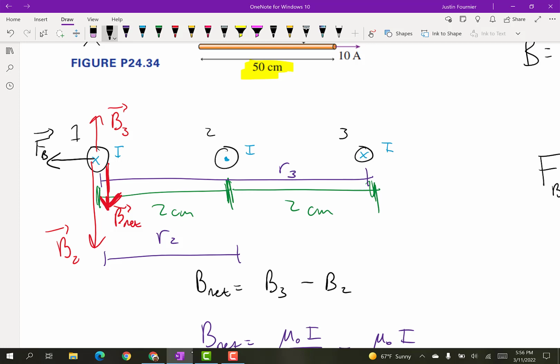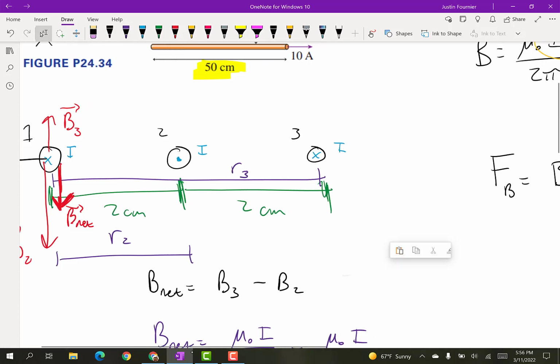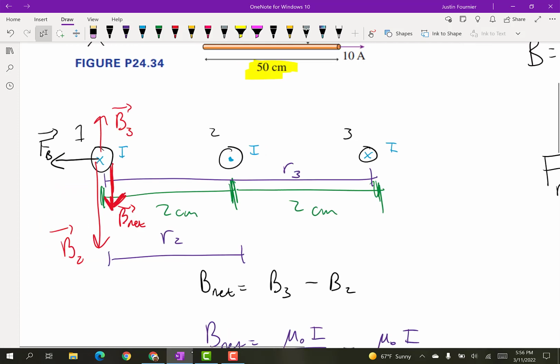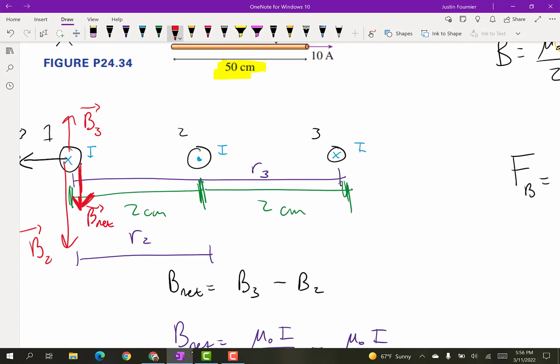And likewise, I am going to do the same thing over here. The magnetic field on current 3, due to current 1, is going to be pointing downward. So this is the magnetic field due to current 1, and then due to current 2, it's going to be pointing upward like that.